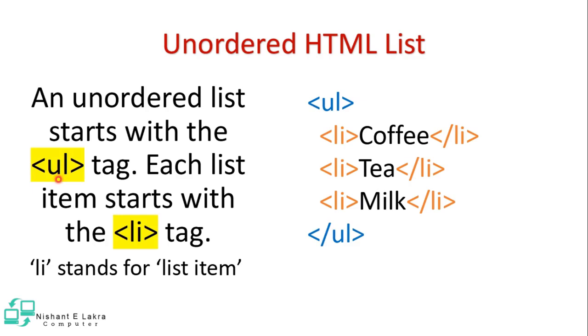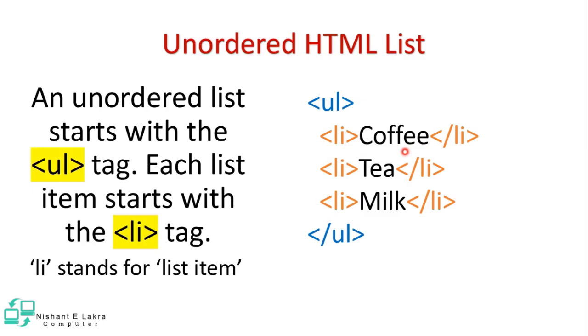Whenever we type ul, the computer will understand that we are talking about an unordered list. Remember that this ul is in lowercase, and we type it between angular brackets.